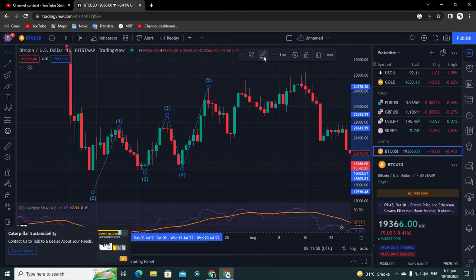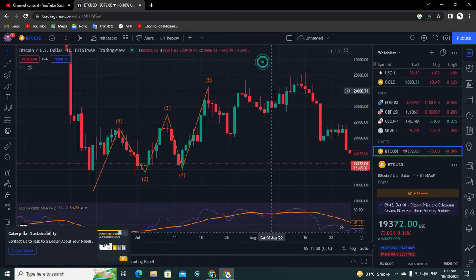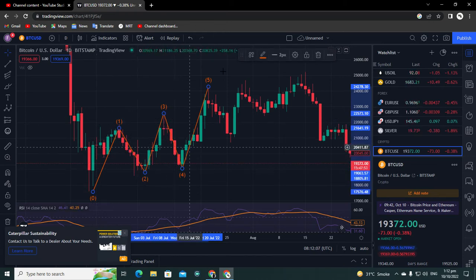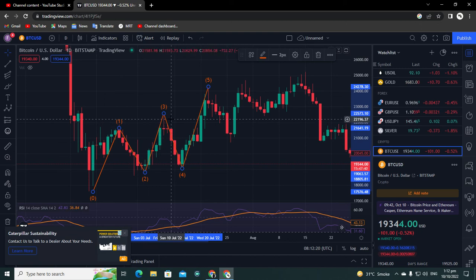You can adjust its quality here, darker lines, you can color it whatever you want, and it will show like this. It started from here and then here, and this was the pattern. In this pattern, if the market is at this point, we can estimate that starting from here we came all the way here, then here, and we can assume that the next move will be down, the correction will be here, and then again a bullish move.